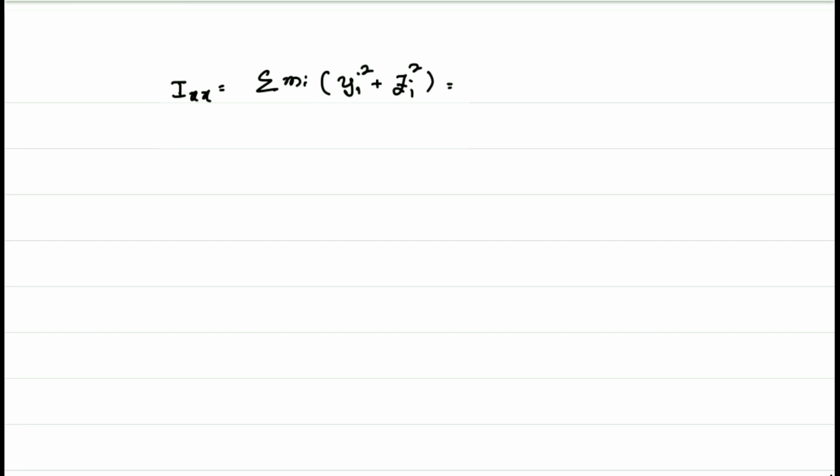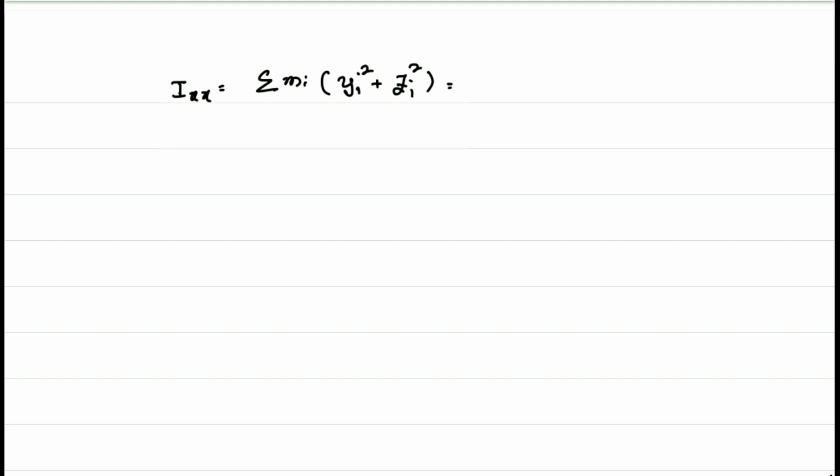What is sigma mi? The masses m1, m2, m3, m4 are all m only. Mass is the same everywhere, that is given in the question itself.